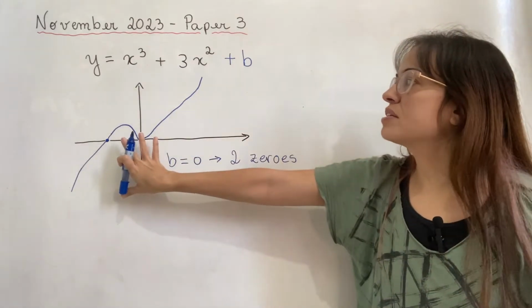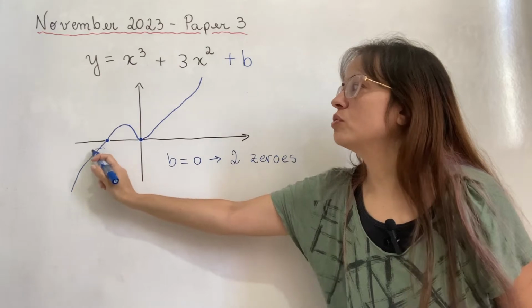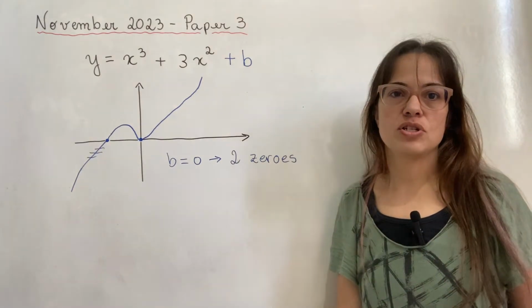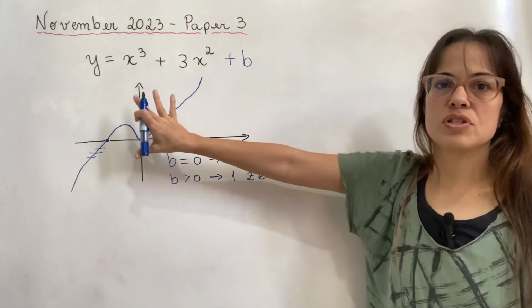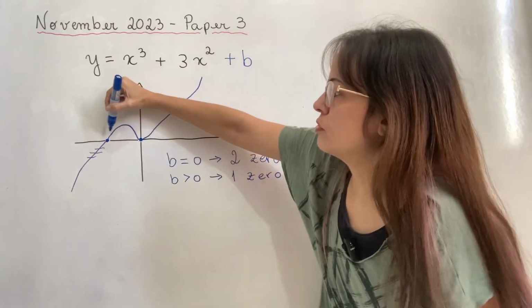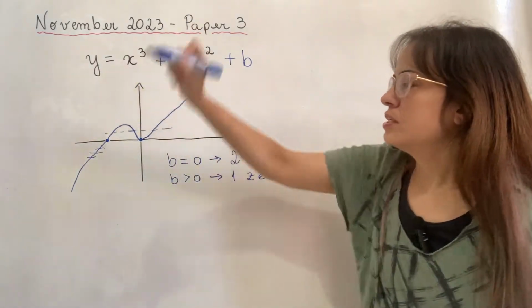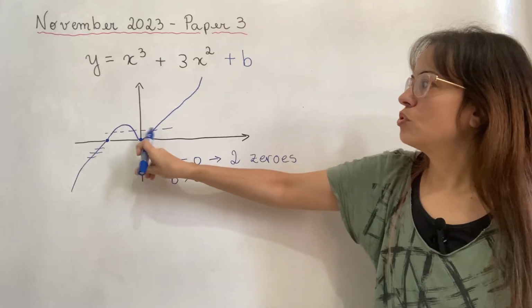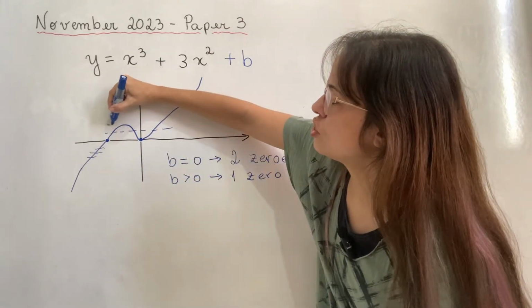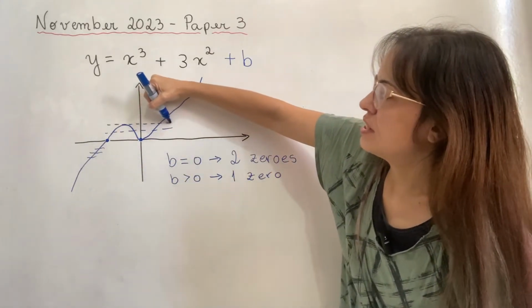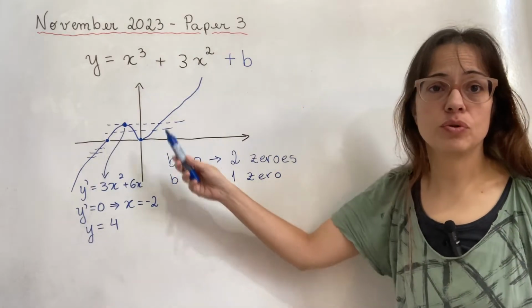If b is positive, it's going to move up, and then you're only going to have 1 x-intercept over there. But if b is negative, you start putting this function down, then you're going to start to have 3 distinct roots, 1, 2, 3, until you reach this point here. Then you just have to figure out the coordinates of the point.